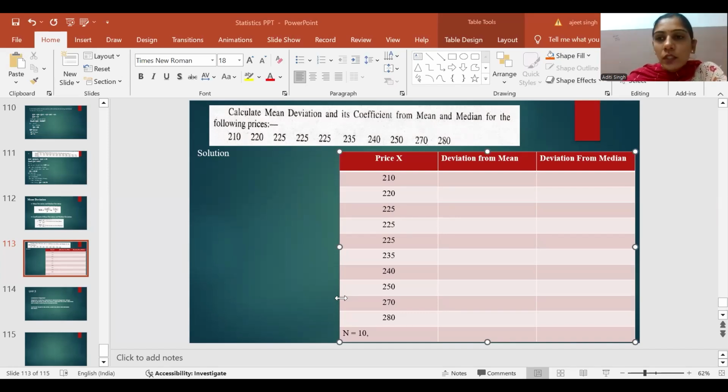Okay, so the value of sigma x, or the sum of the series, is 2380.